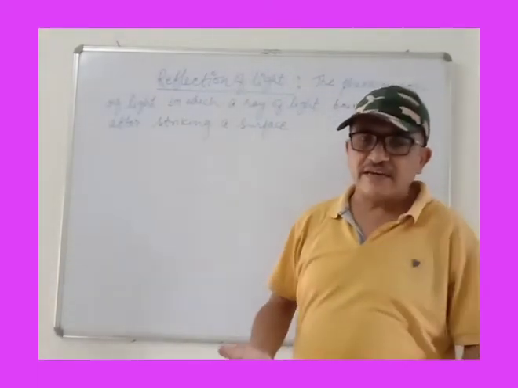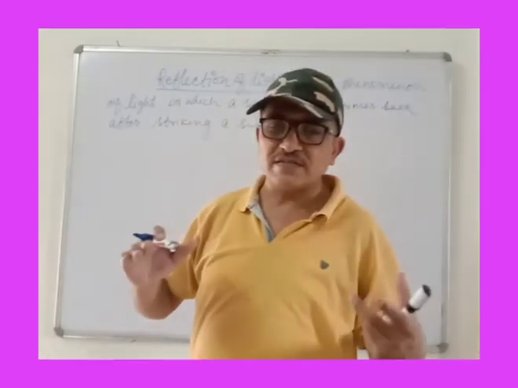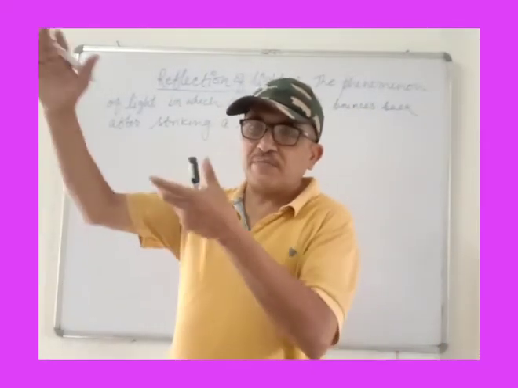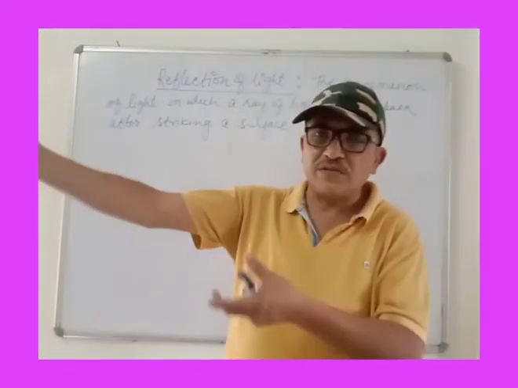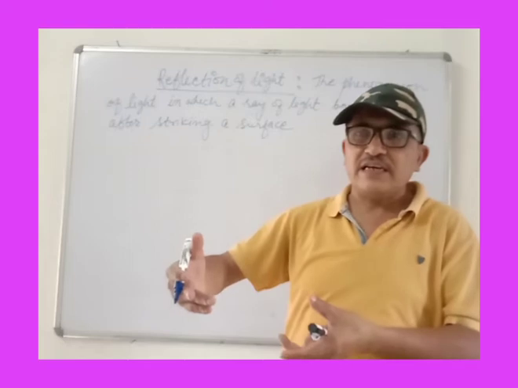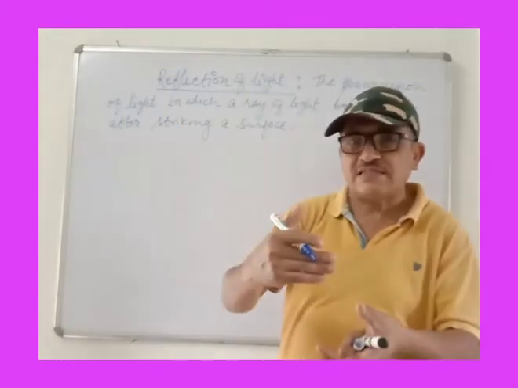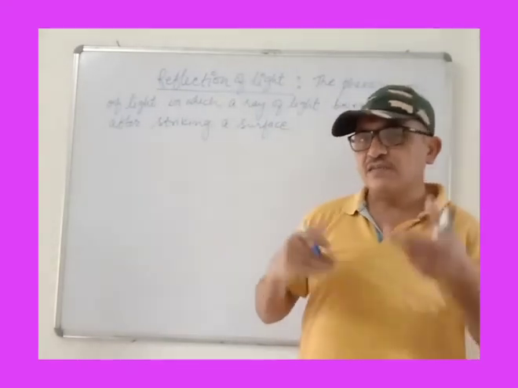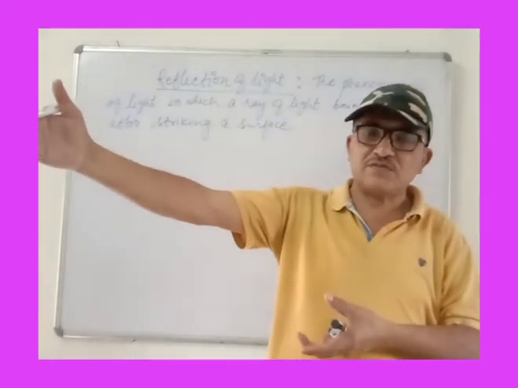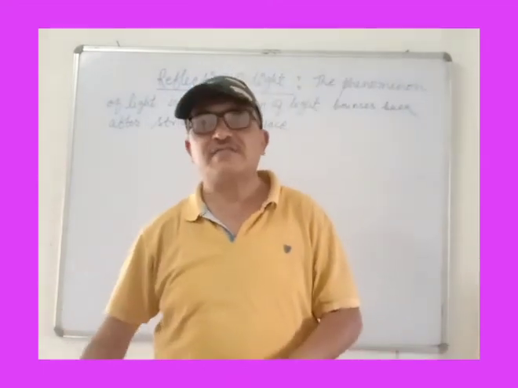Whatever light is there around me, that light is getting reflected from the glass surface. And if somebody is outside, then from there also light is striking the glass. Okay, and it is reflecting to that person, and even some light is crossing the glass and reaching me. That means I can see that person on the other side of the glass.